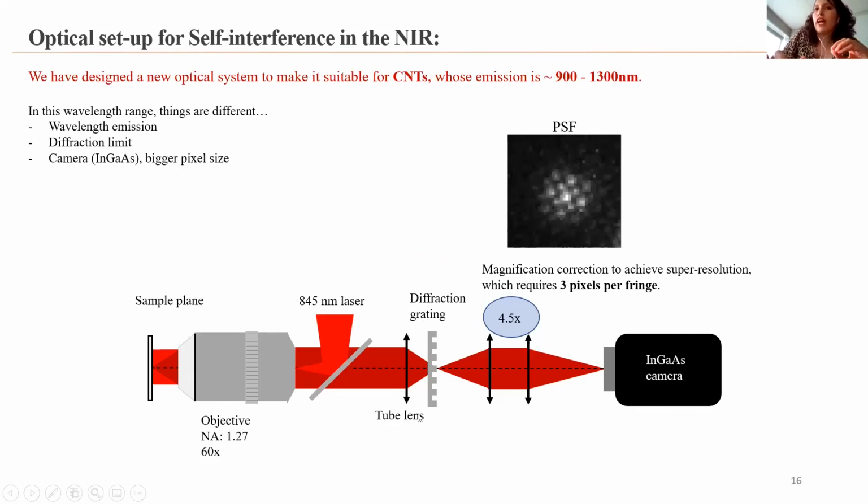At the exit, we have the diffraction grating, and then we have the detector. In between the diffraction grating and the detector, we have magnification correction so that we have 3 pixels of the camera per fringe in the interference pattern. We have chosen this ratio because it is the best in order to compensate signal to noise ratio and localization precision.